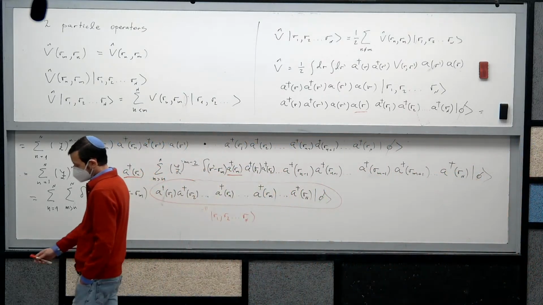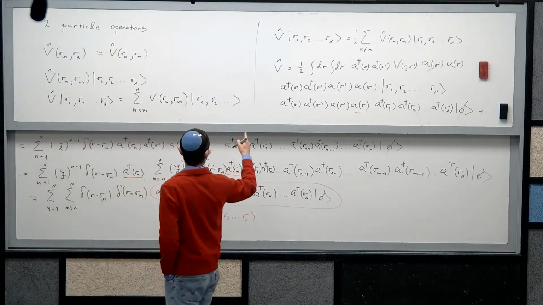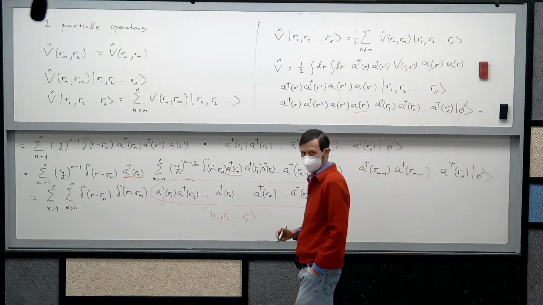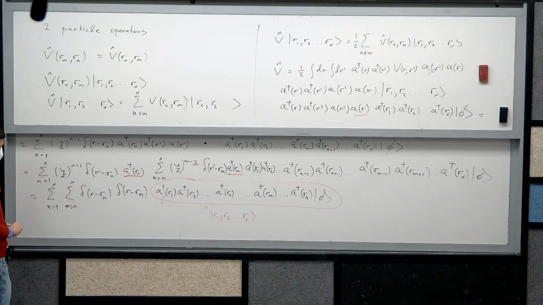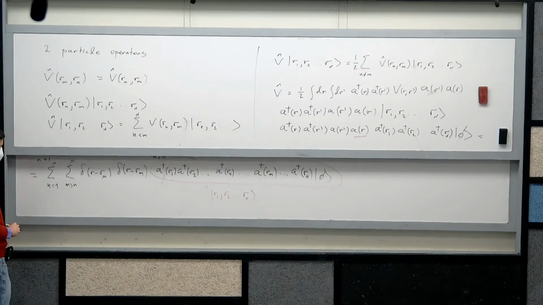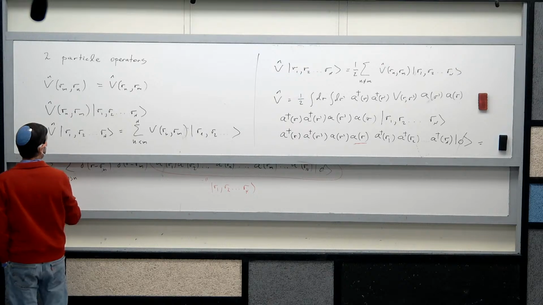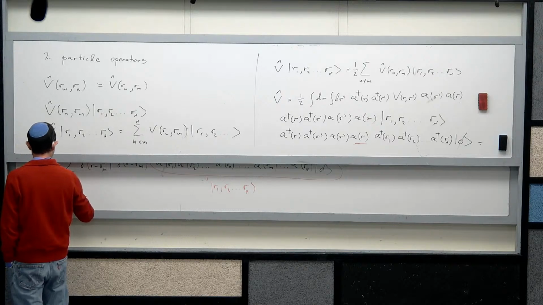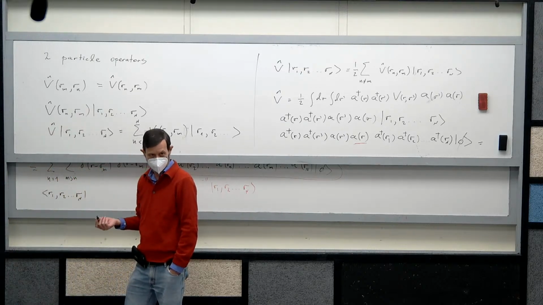Now, I can go back to the full operator. Now I'm writing down the expectation value.